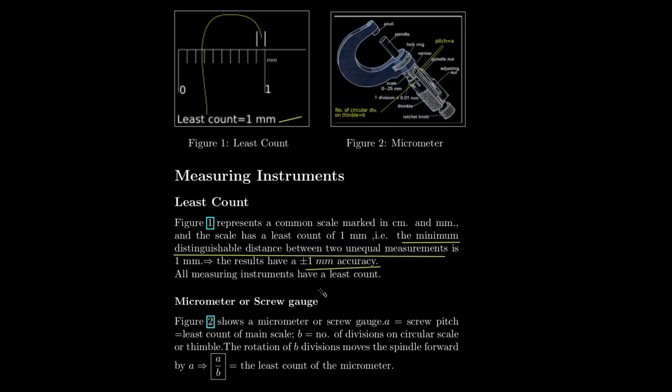Next subject, micrometer or screw gauge. Figure 2 shows a micrometer or screw gauge. A equal to the screw pitch, which is the least count of the main scale, and B equal to the number of divisions on the circular scale or thimble.